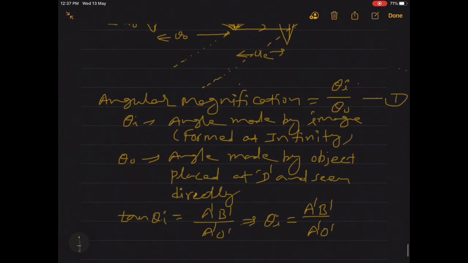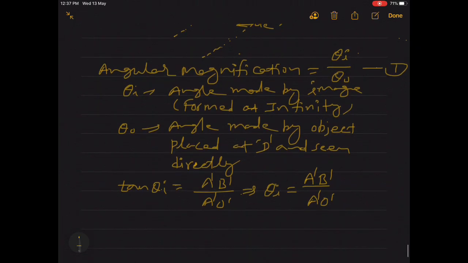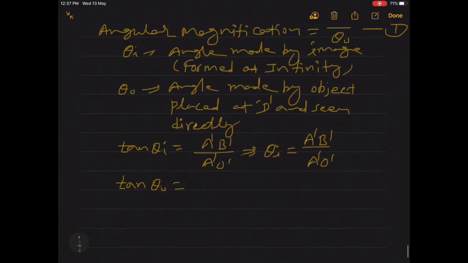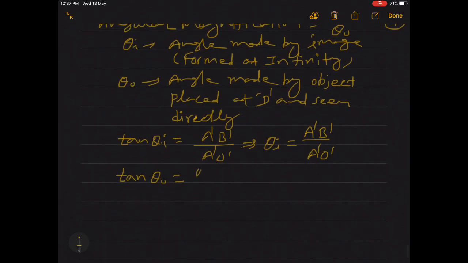Now it's turn to theta O. So again we will use the triangle. tan theta O is equal to A double dash C upon A double dash O dash.